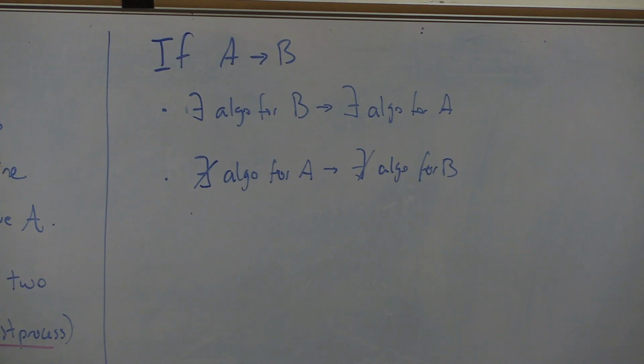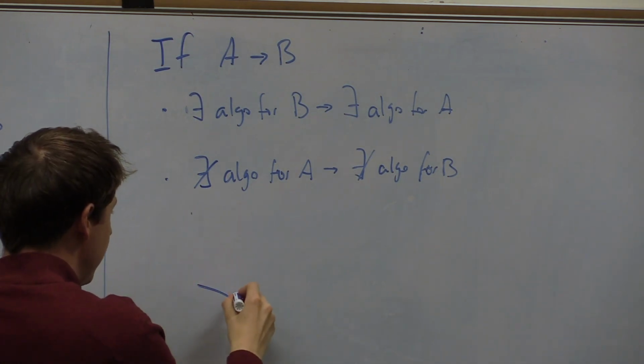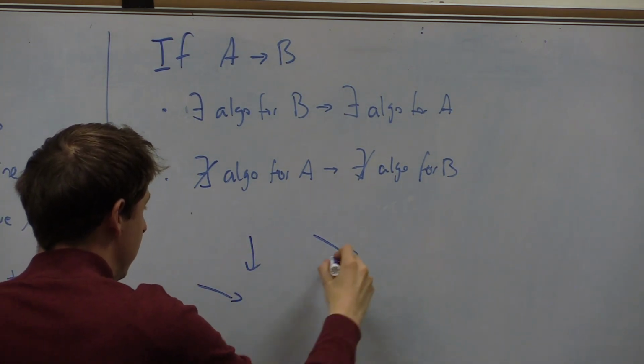Okay, so we're going to talk about this second part more next time. What I want to do for the rest of today's lecture is talk about a problem that is particularly strong. You can think about reductions as basically connections between problems.